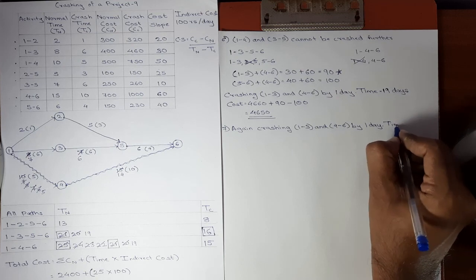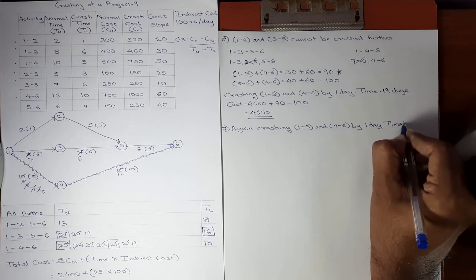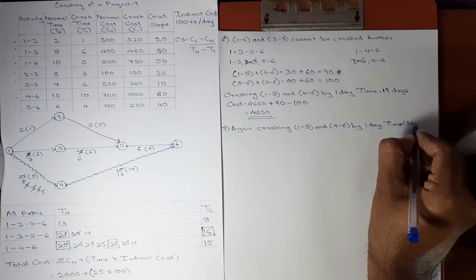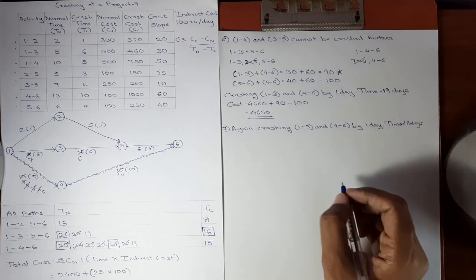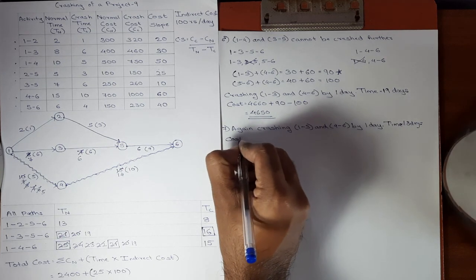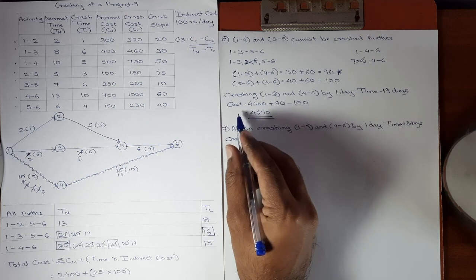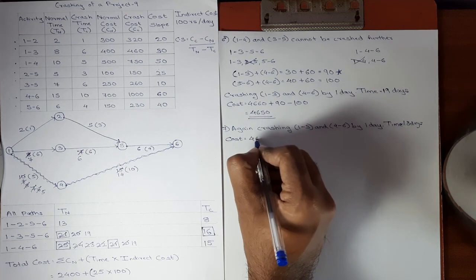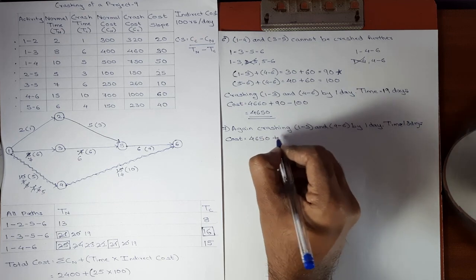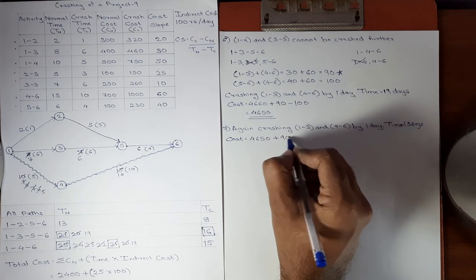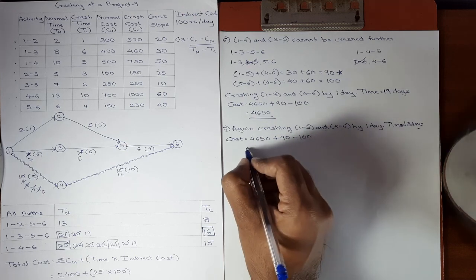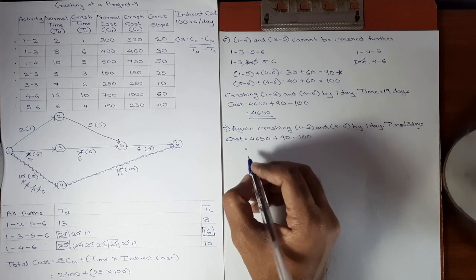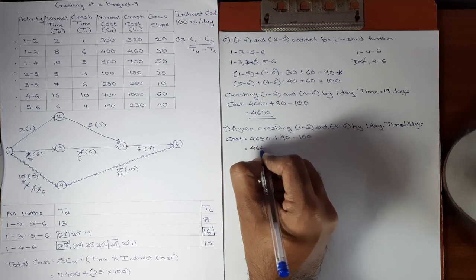Now the time will be reduced from 19 to 18 days. And the corresponding cost will be cost of previous step we got 4650 plus combined cost slope is 90 minus 100. Here we get the cost as 4640.